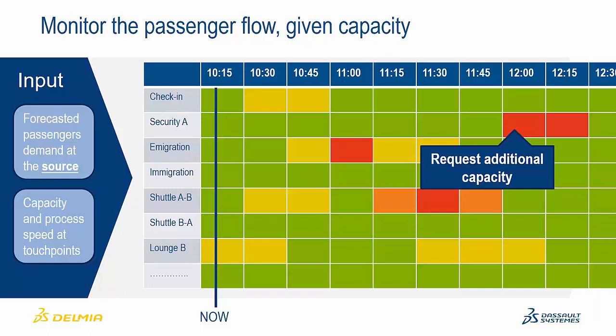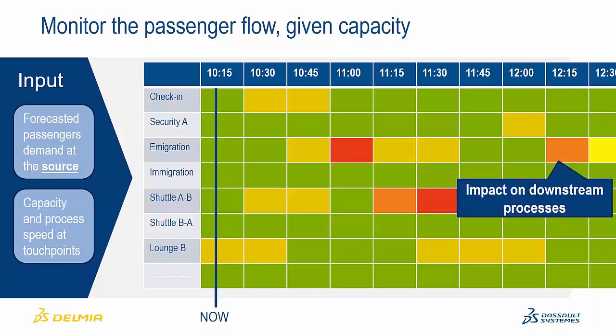When we do that, a flow model would directly show that if we increase capacity at security A, the demand in our downstream processes will go up. As long as it stays within a certain threshold, this could be a good decision, or maybe we need to do something else. So the flow model shows me the impact on my downstream processes when I start to change the capacity at a certain touch point.